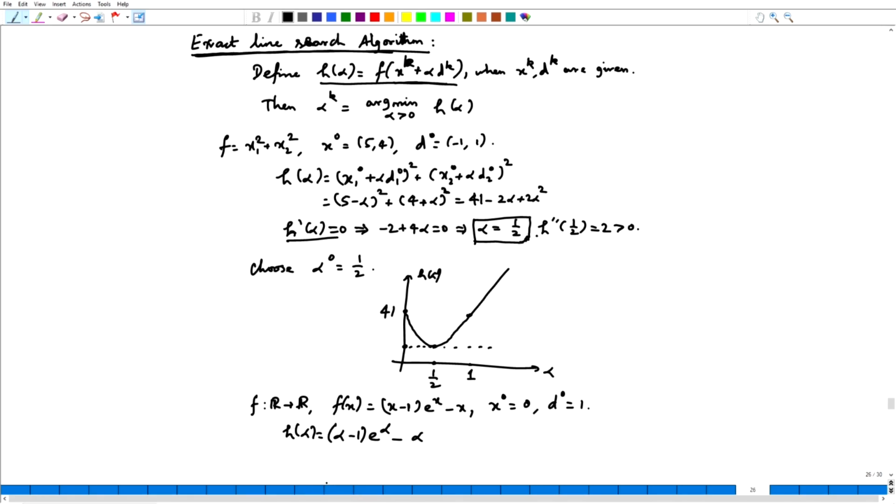Okay. So, if you want to find where this gets minimized, you have to solve h dash of alpha equal to 0, which is alpha e power alpha equal to 1. Okay. So, if we had known the answer for this, we would not have come to solving the optimization problem at all, is not it.